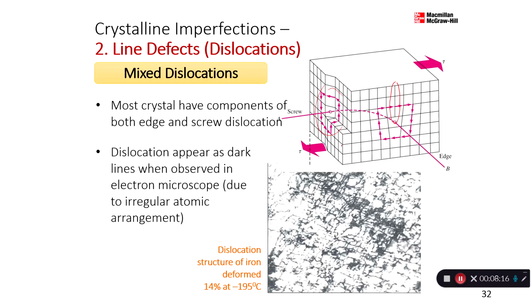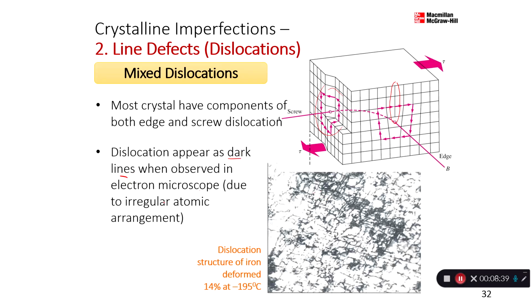Okay, on the actual material, what can be seen? So dislocations appear as dark lines when observed in an electron microscope. Okay, you can't even see it with the naked eye. It has to be under the microscope. So they appear as dark lines. So why are these regions dark?